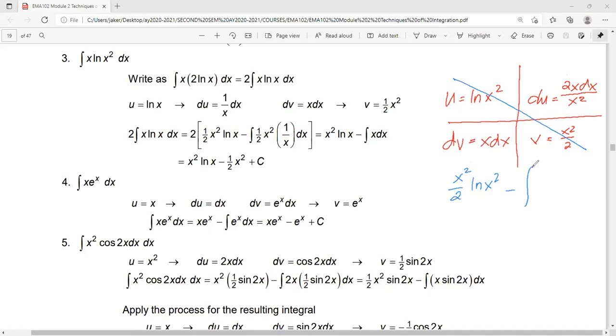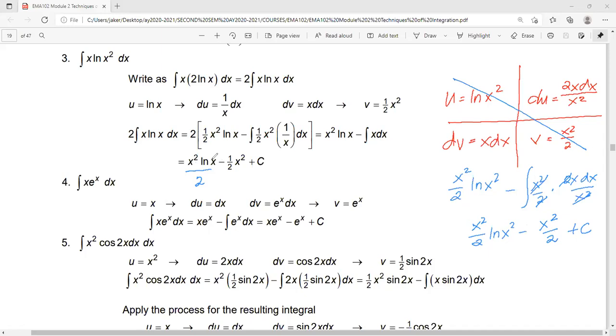So the integral of x squared over 2 times 2x dx over x squared. These 2 cancel. This x squared cancels, giving you an integral to process as x. So that would be minus x squared over 2 plus c. So this one has a typo error. This should be divided by 2.